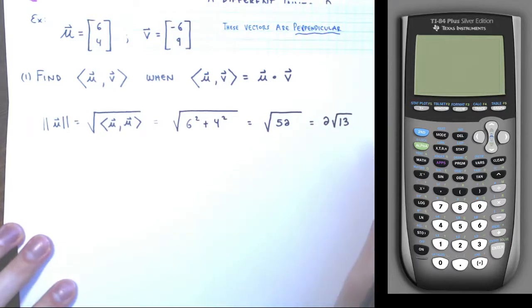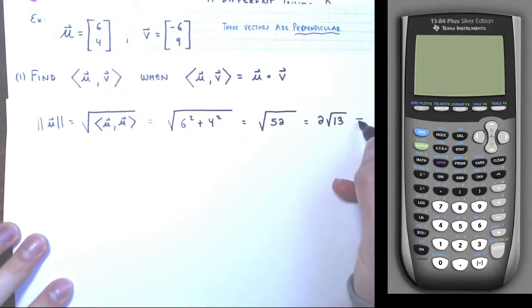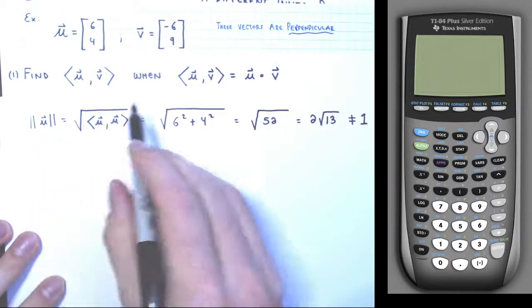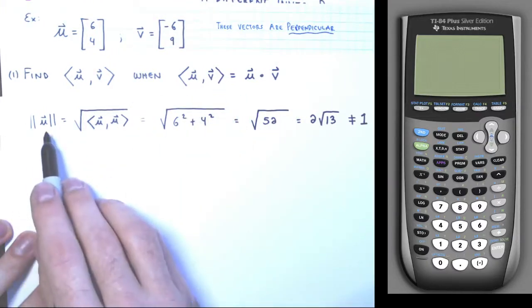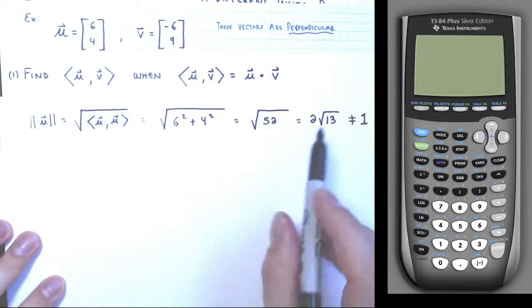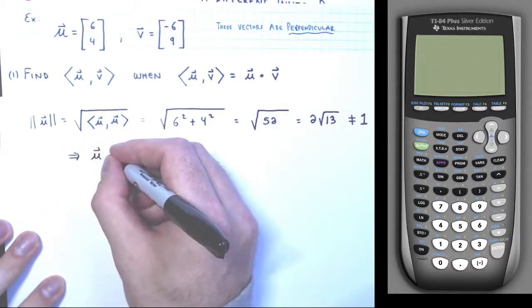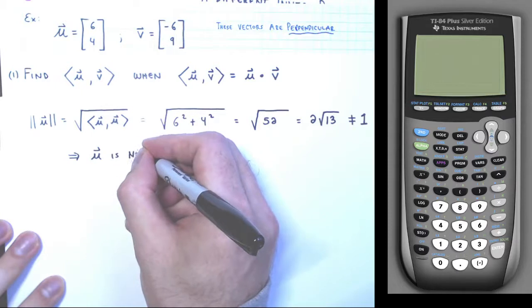Now notice that this is not 1. The norm of vector u under the dot product is not 1, telling me that u is not a unit vector.